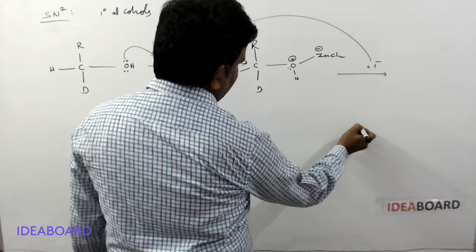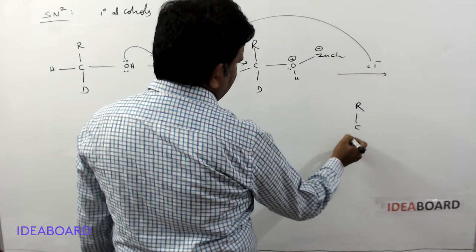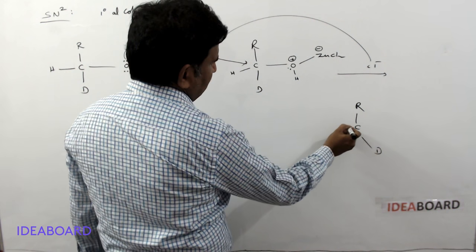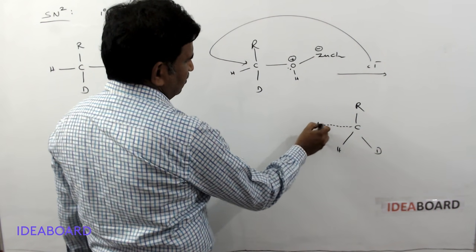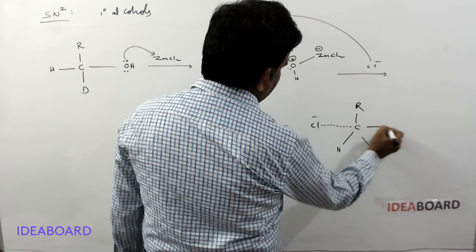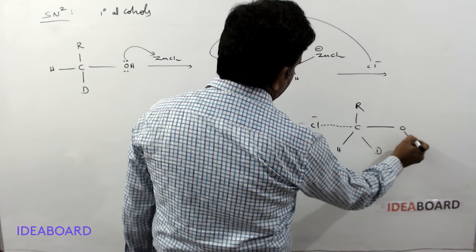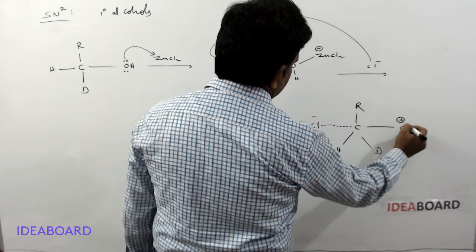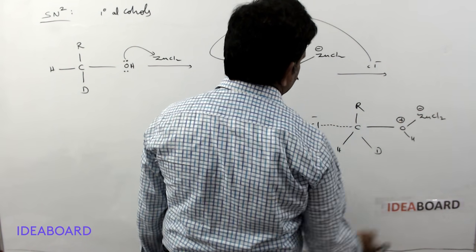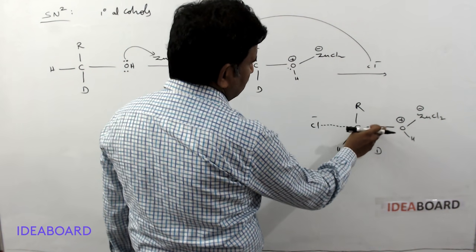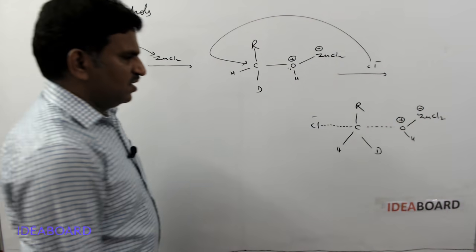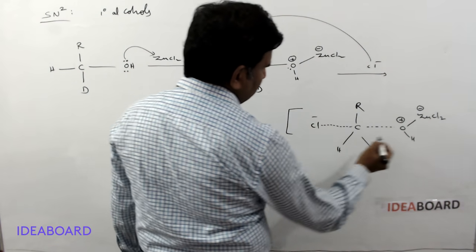And so here what is formed is R, H, D, and the Cl minus makes a new bond with C, and between OH, this is a plus, and here ZnCl2 minus. The old bond dissociation occurs, like it is forming a transition state.